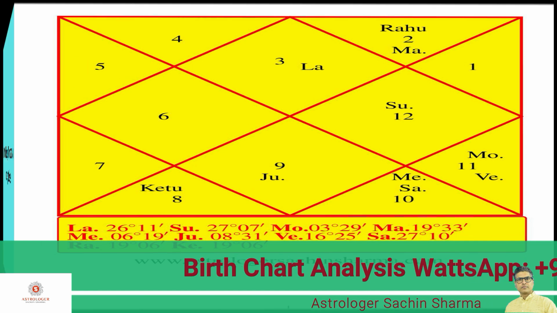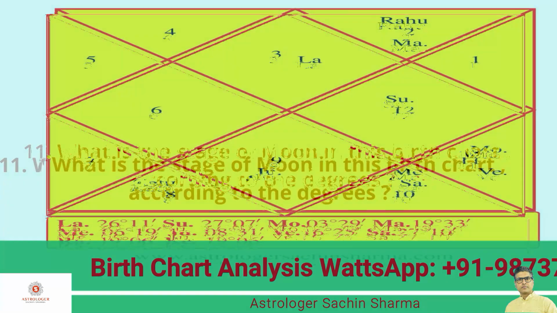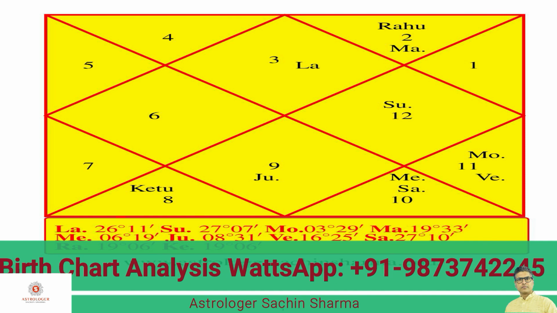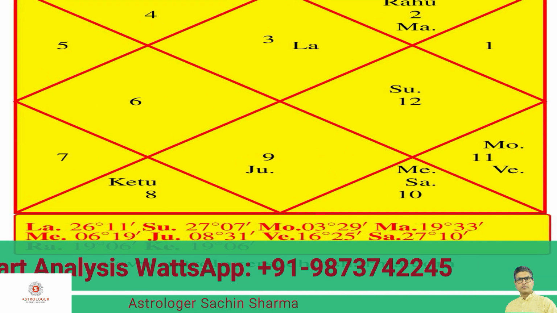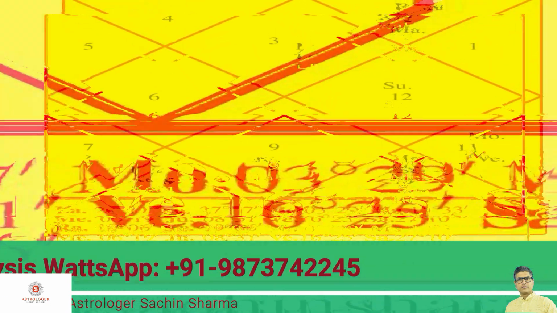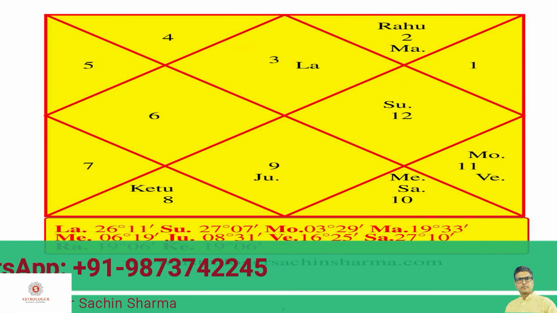Next question. What is the stage of the Moon in this birth chart according to the degrees? Here we can see that the Moon's degree is only 3 degrees 29 minutes, and hence we can say that the Moon is in the early childhood stage.